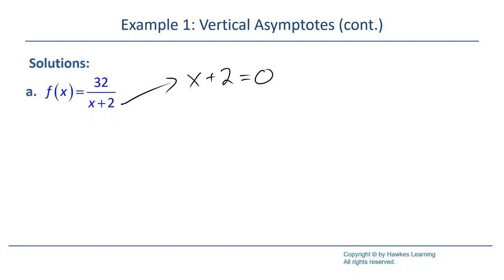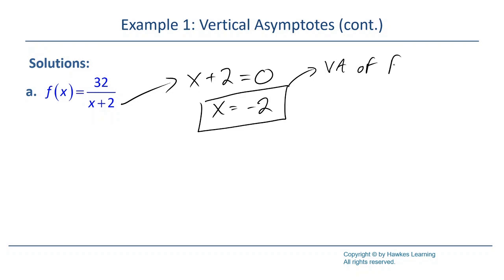Subtract 2 from both sides, and you get that x is equal to negative 2. Remember, I said the equation of a vertical asymptote is always x equals a number. There's your vertical asymptote of f of x.